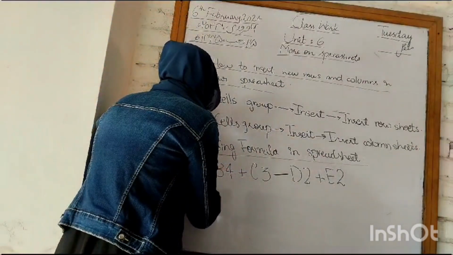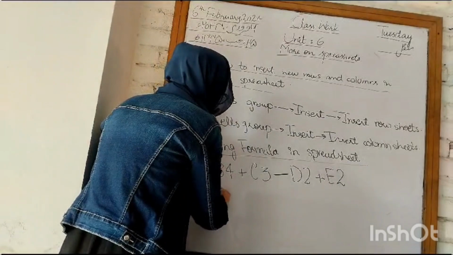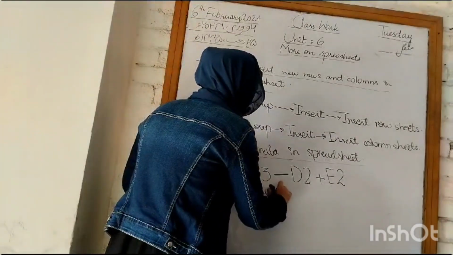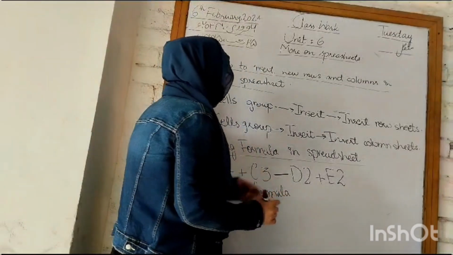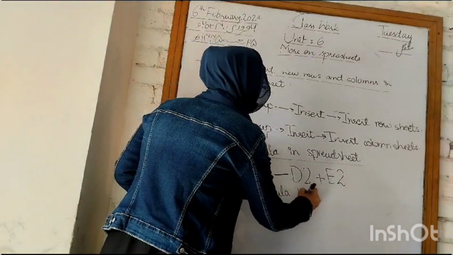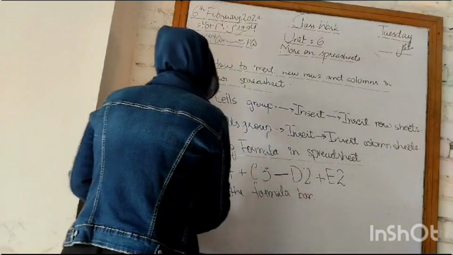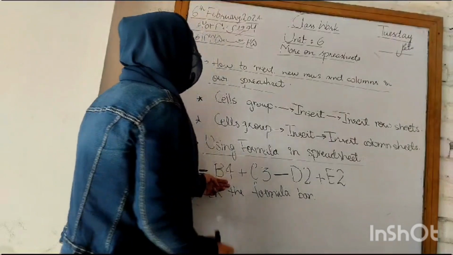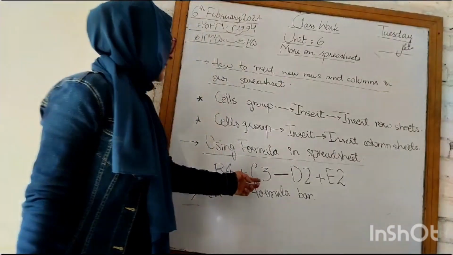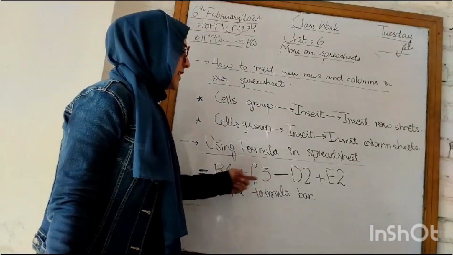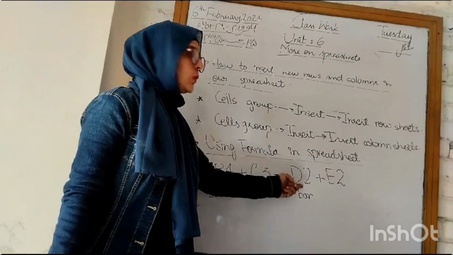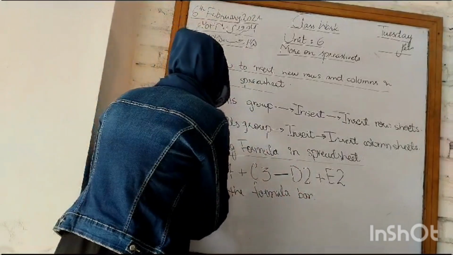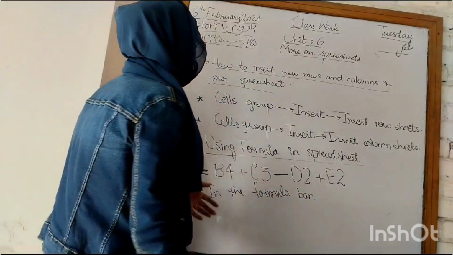We will do it in the formula bar. Go to the formula bar and add these cells. The value in cell C3 will be added, then it will be subtracted with D2 and E2. And this will be done in the formula bar.